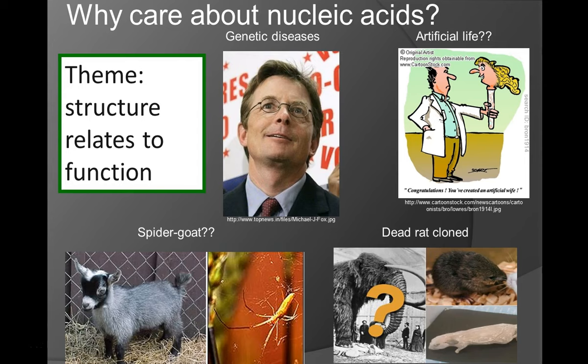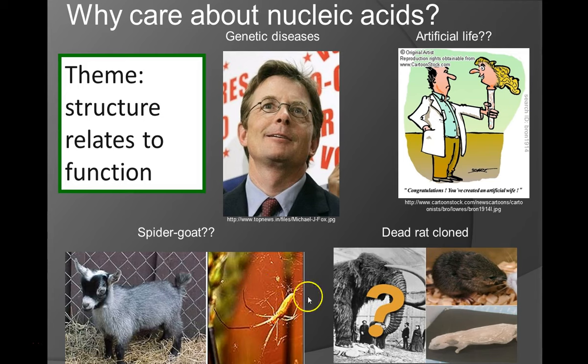Okay, now this is an important theme. Structure relates to function. So if you have a piece of DNA and it gives you instructions for a protein with a specific function, they have taken goats and they have taken the DNA that is normally found in a spider, and it causes that spider to make silk, and it's very hard to harvest this type of silk. Okay, you can imagine how hard it would be. Well, instead, they've taken that DNA.